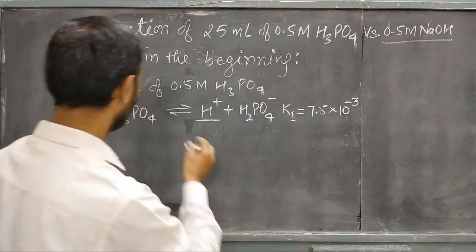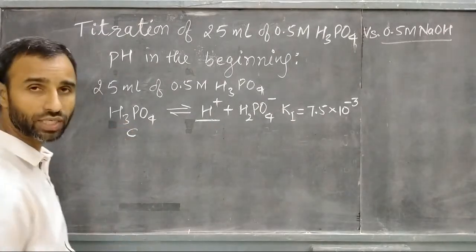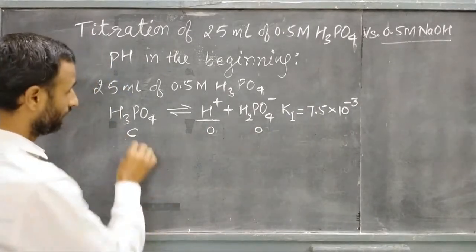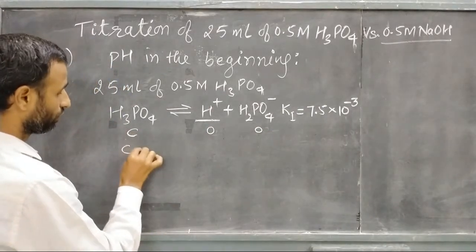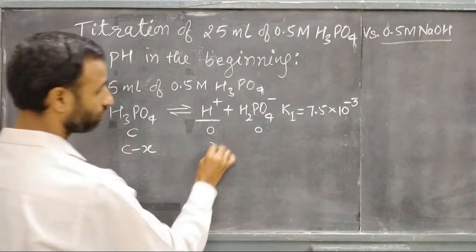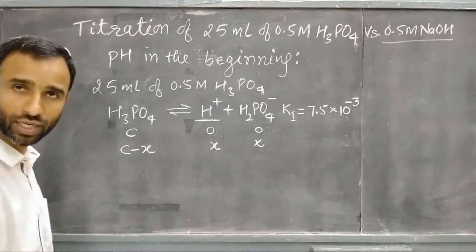So now if you see its concentration, let's take it as C. So it's C, 0, 0. Now, out of C, X amount is dissociated. So we get X H plus and X H2PO4 negative.